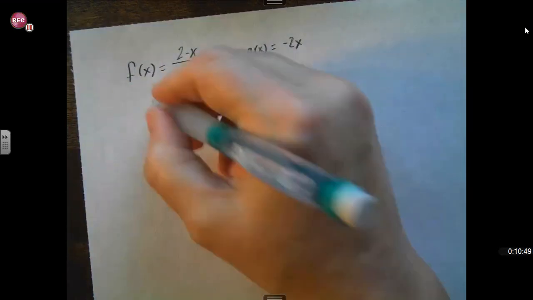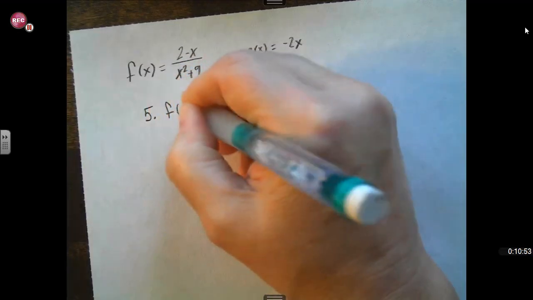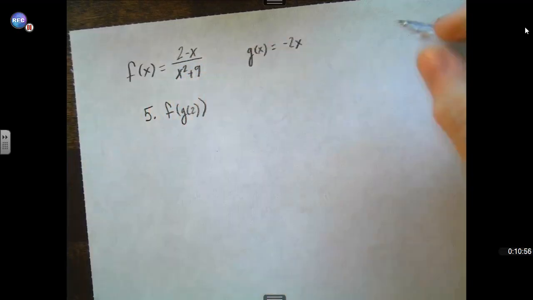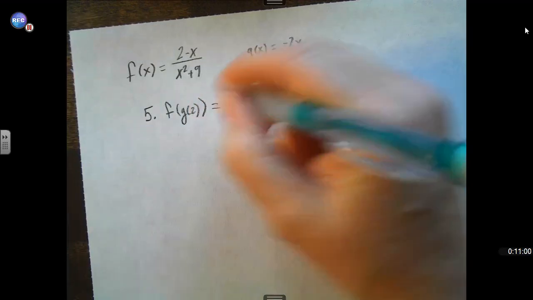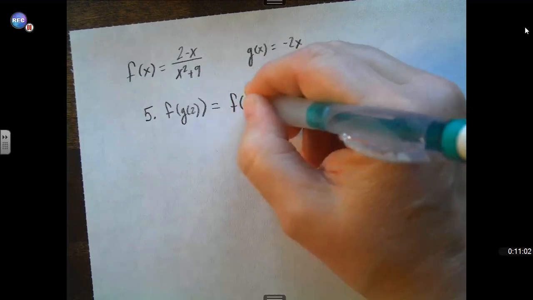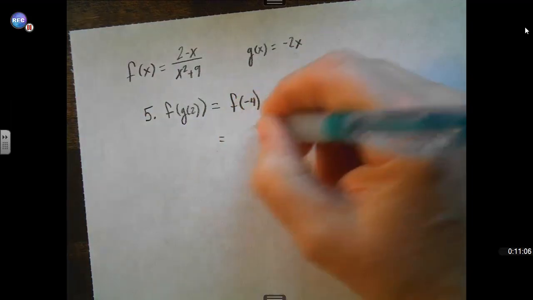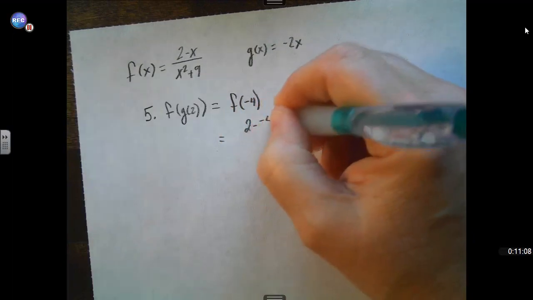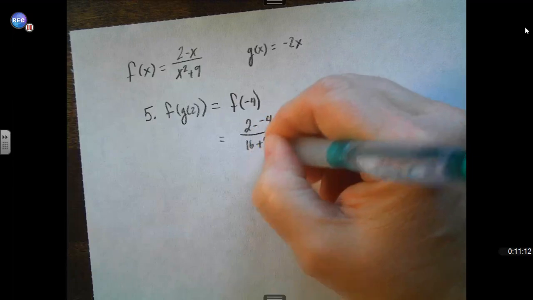And for number 5, I want you to find f of g of 2, which means I plug 2 into g and I get negative 4. Now I want you to find f of negative 4. And that's going to be 2 minus negative 4 over 16 plus 9.